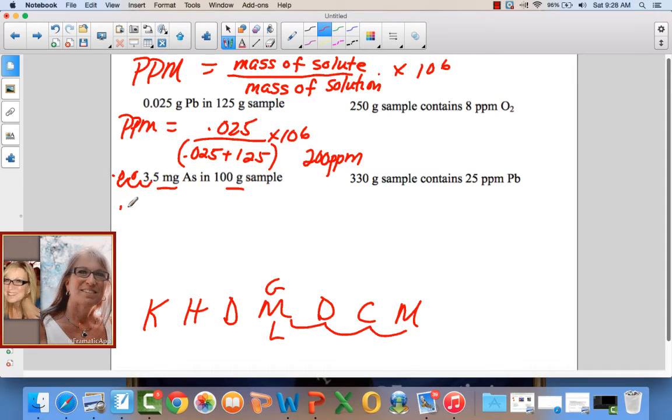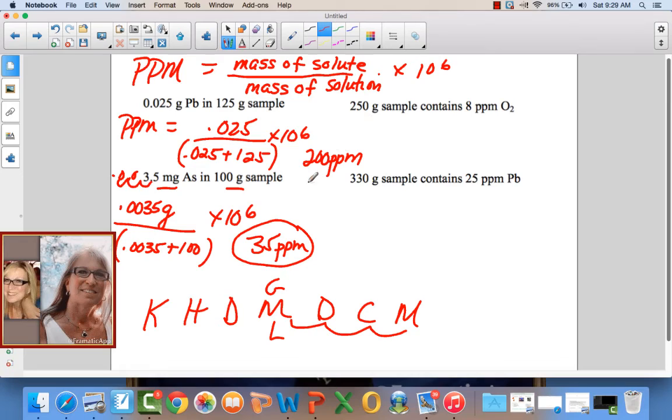So this is going to be 0.0035 grams over the whole thing, 0.0035 plus 100 times 10 to the 6th. And you get 34.99, which is 35 parts per million.